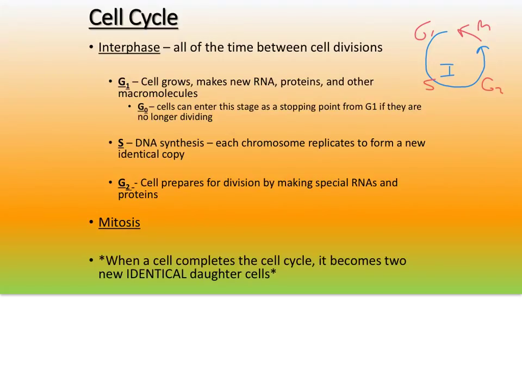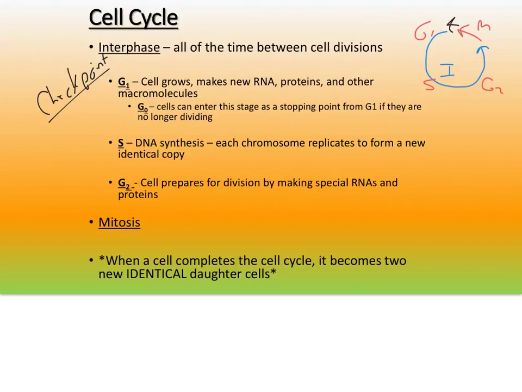Notice G1 comes right after we finish mitosis. So, in other words, when a new cell is made, or born, it moves into G1. There's a lot of growing and developing that needs to take place there. Now, something kind of interesting is that during the G1 phase, you have a really important checkpoint, which will show up in these notes in a minute.